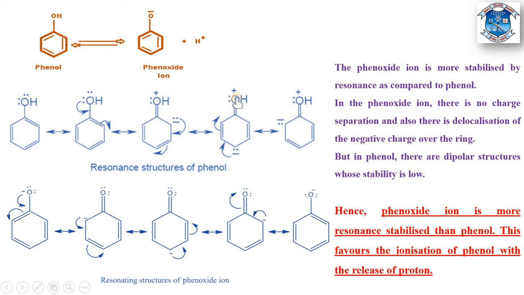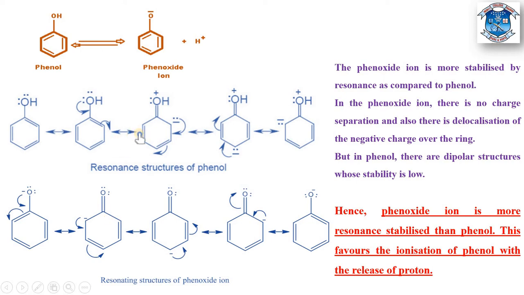Now let's see why. Here you can see the resonance structures of phenol, and the bottom image shows the resonating structures of the phenoxide ion. In phenol, you can see a partial positive charge on the oxygen and the negative charge being delocalized over the ring. But in the phenoxide ion, there is no charge separation, yet there is delocalization of charge over the ring.